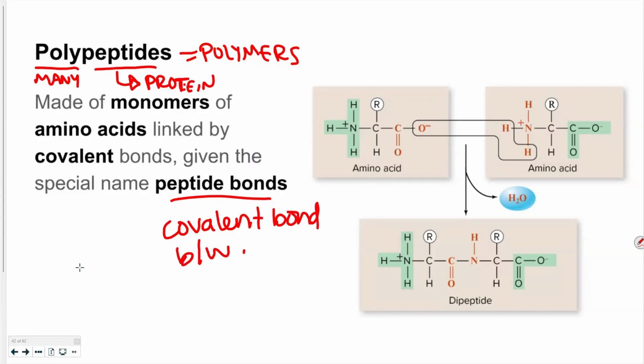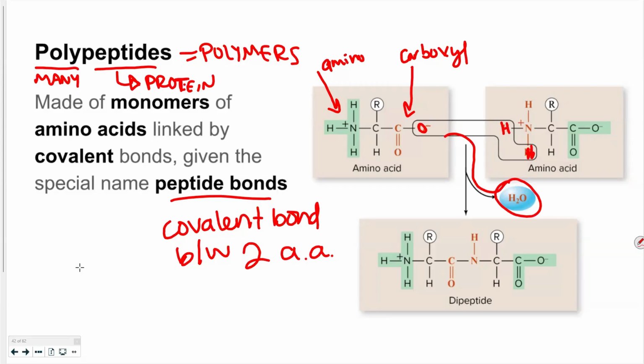Between two amino acids, and I'm going to write amino acids AA because I'm lazy. Here again, this is our amino group. This is our carboxyl group. We're going to have a dehydration reaction where this oxygen and these two hydrogens go away and form our water molecule.